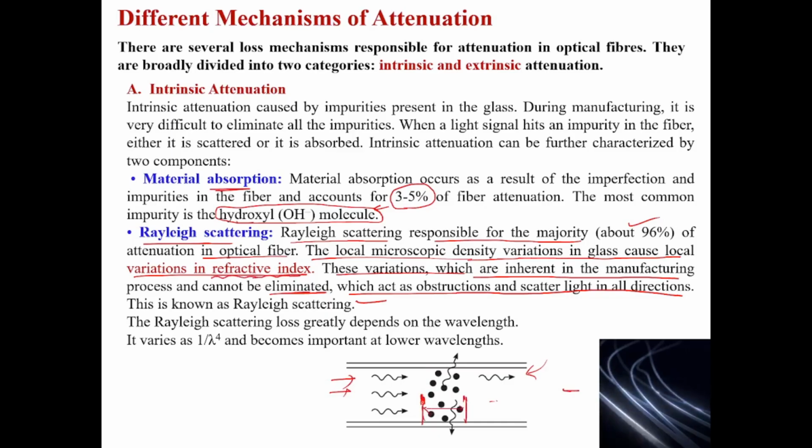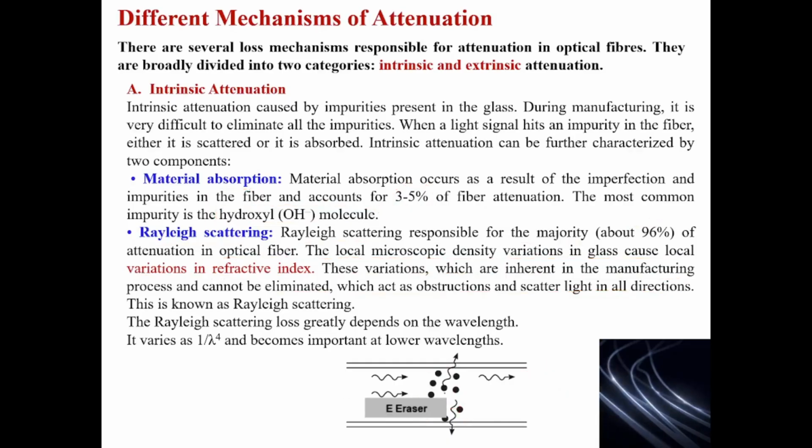Suppose this portion has a larger refractive index, and this portion has a lower refractive index. High refractive index means denser, or density is large. Density means atoms or molecules per unit volume is large as compared to this area. So if atoms and molecules are large in number in this area, scattering probability will be increased.